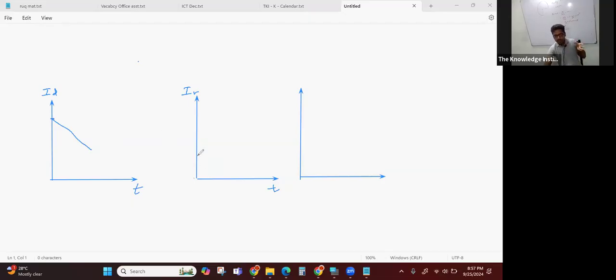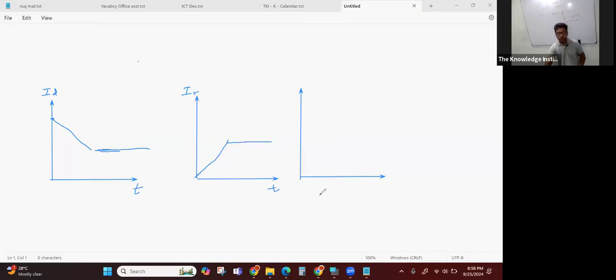Once diffusion occurs, only then will the electric field be there. So starting from 0 it will gradually increase, right? ID decreases and it won't go to 0, it will come to a constant value. Likewise, this IR also comes to a constant value.